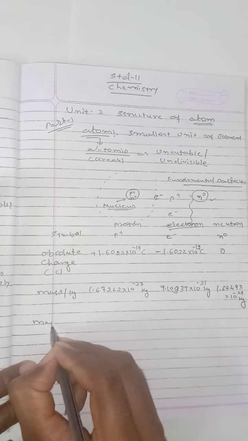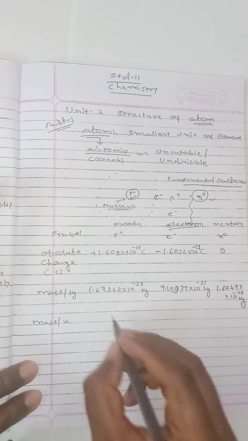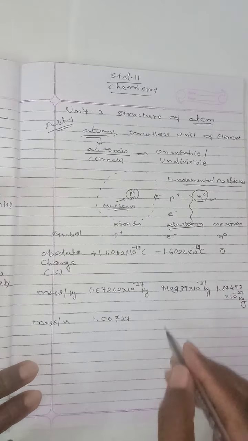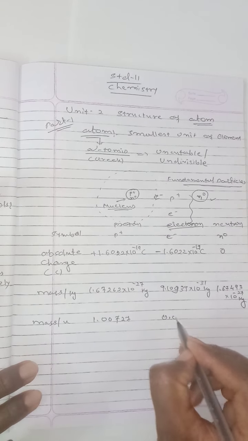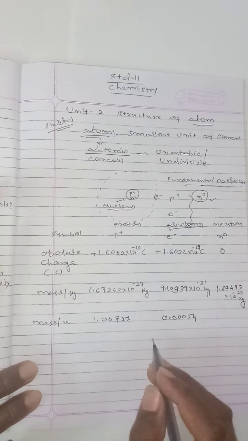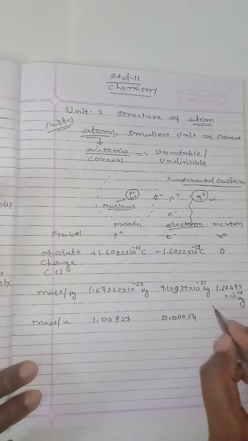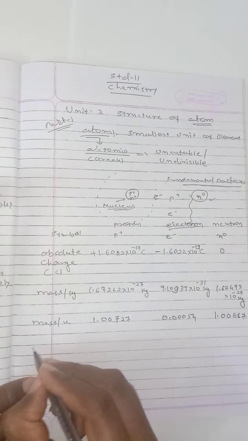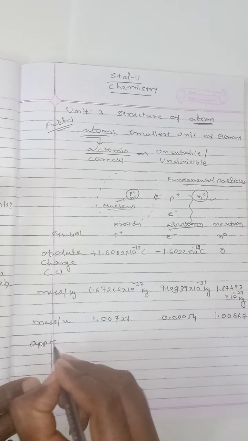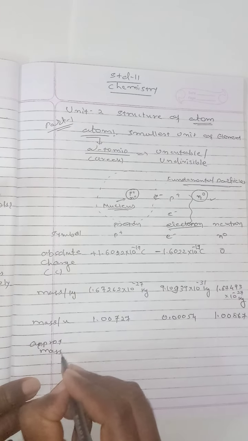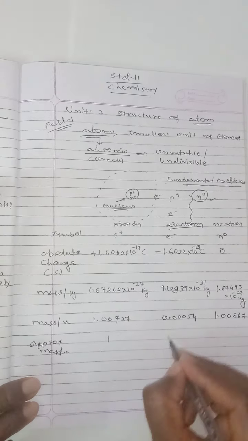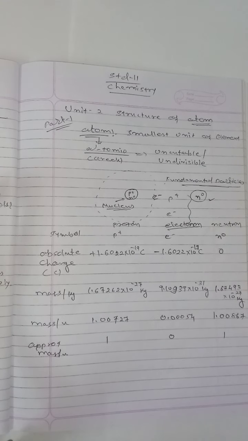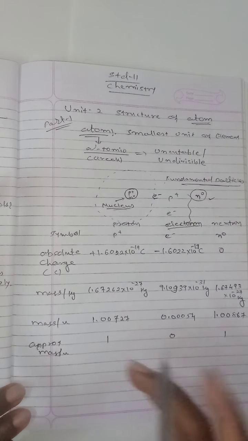Its mass in atomic mass unit is 1.00727 for proton, 0.00054 for electron, and 1.00867 for neutron. Its approximate mass is 1, 0, and 1. So this is the basic fundamental idea.